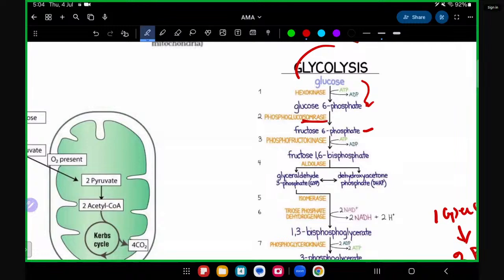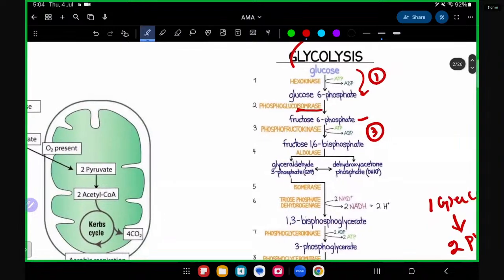Next is fructose 6-phosphate to fructose 1,6-bisphosphate in presence of phosphofructokinase. In the first step and the third step, ATP is being utilized. ATP is converted to ADP, right?